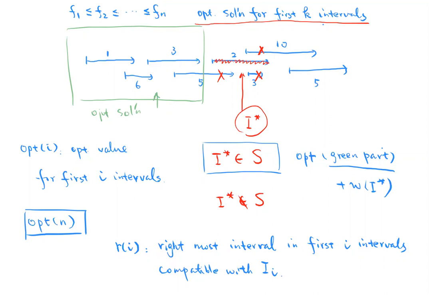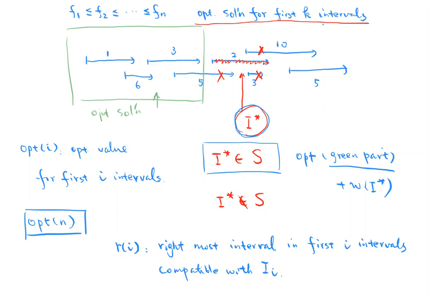Now, look at all intervals that come earlier than i star. Some are not compatible, so for the non-compatible intervals, we don't need to consider them. The order of the elements is important. They're sorted. All intervals are sorted with respect to their finish time. It's essential.